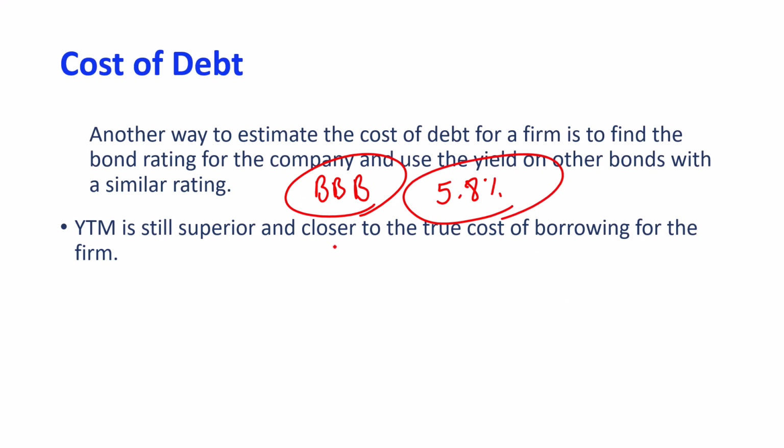But keep in mind that the yield to maturity is still superior and closer to the true cost of borrowing for a firm. Even though this can be close, yield to maturity is going to be closer to the true cost of borrowing today.